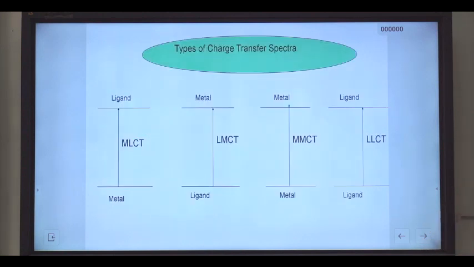First one is MLCT. MLCT means metal to ligand charge transfer. Next one is LMCT. LMCT means ligand to metal charge transfer. Next one is MMCT, that is metal to metal charge transfer, and LLCT refers to ligand to ligand charge transfer.